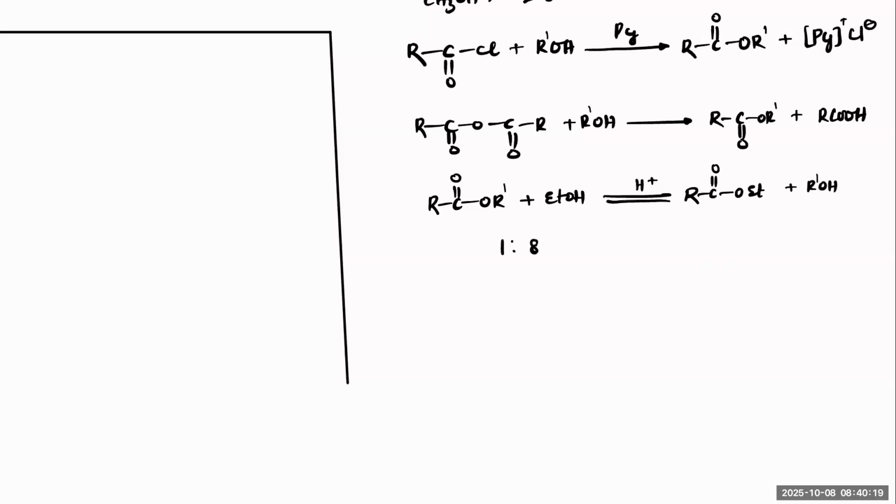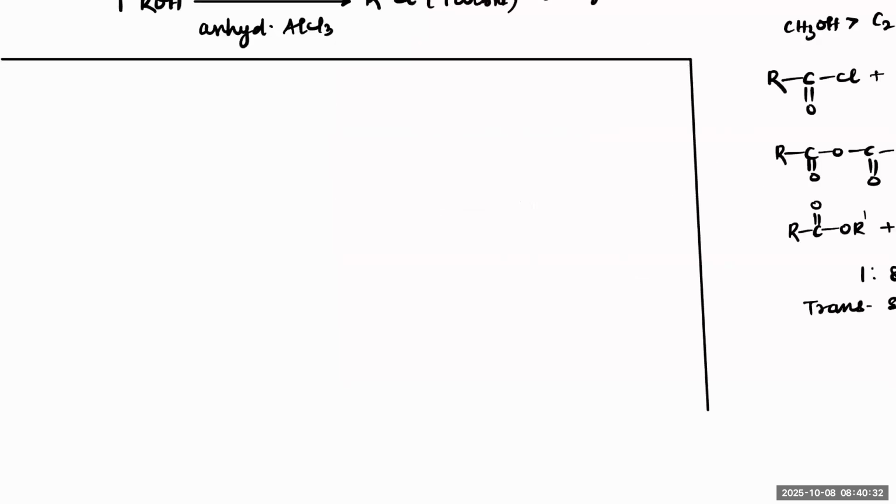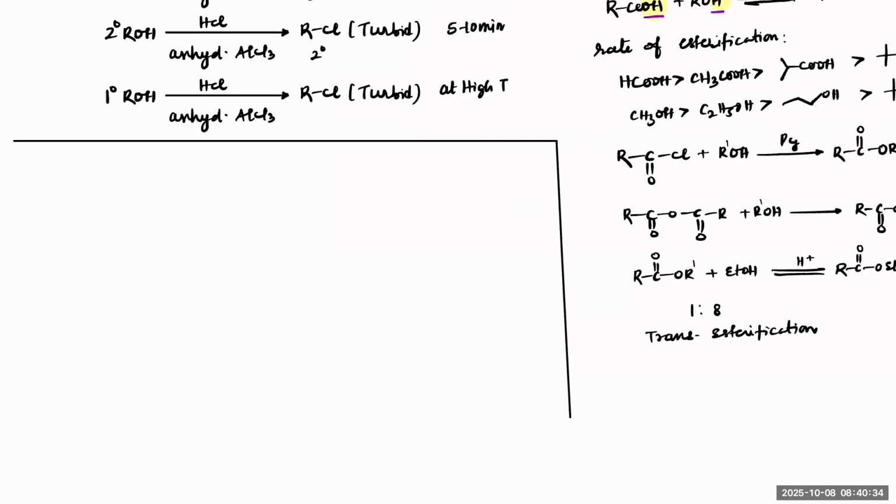This is called transesterification. Basically, we are replacing one alcoholic group with the other. So I suppose all these questions are clear.